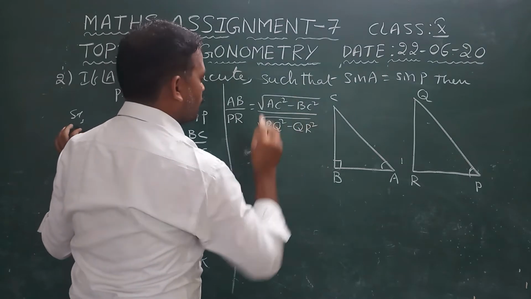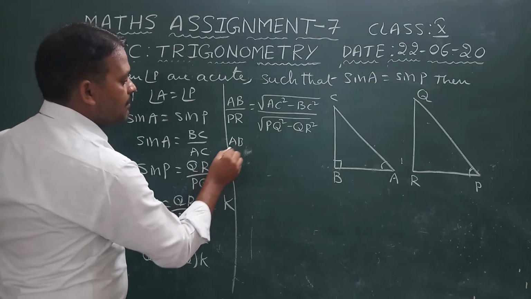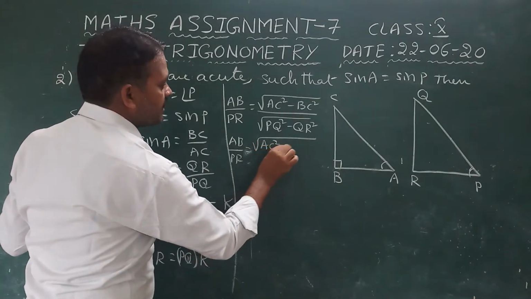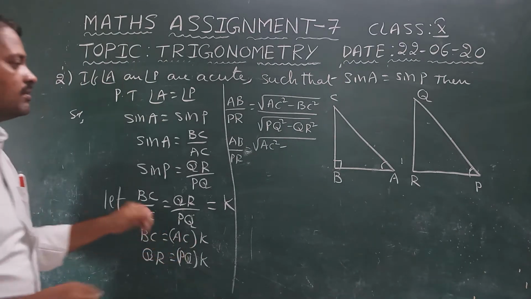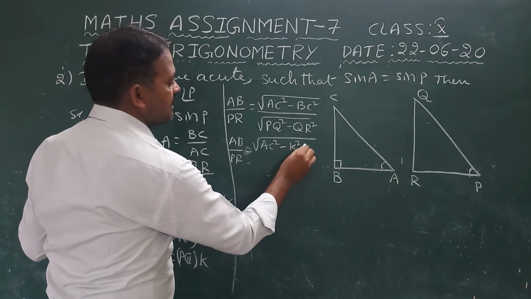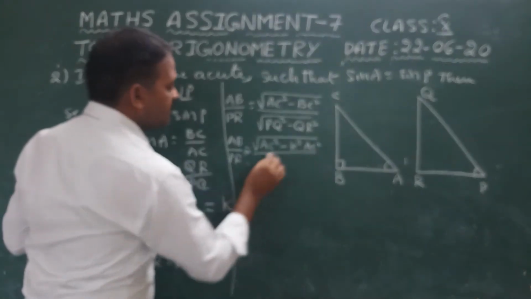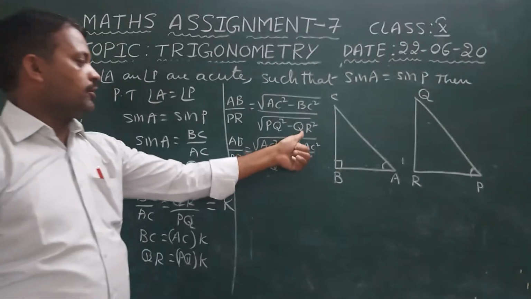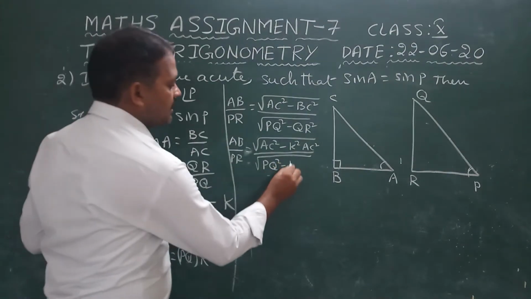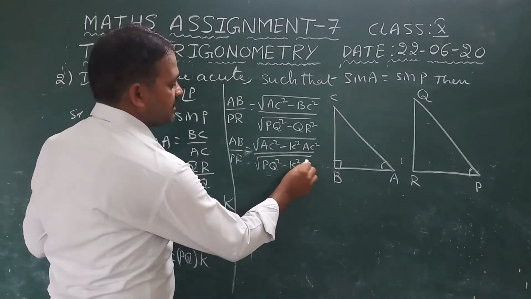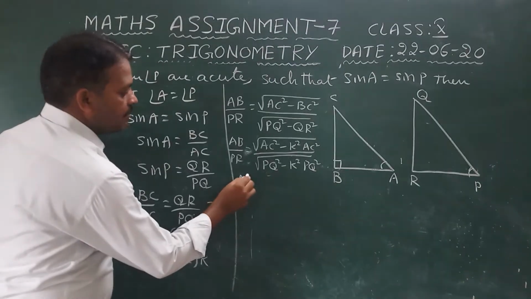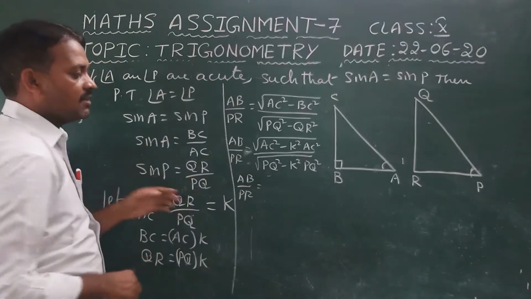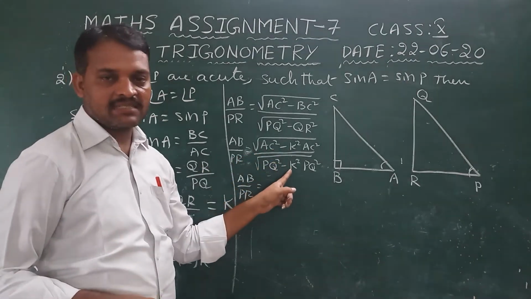So AB by PR is equal to the square root of AC square minus K square AC square, by PQ square minus K square PQ square in the denominator. Then AC square is taken common, and 1 minus K square gets cancelled.